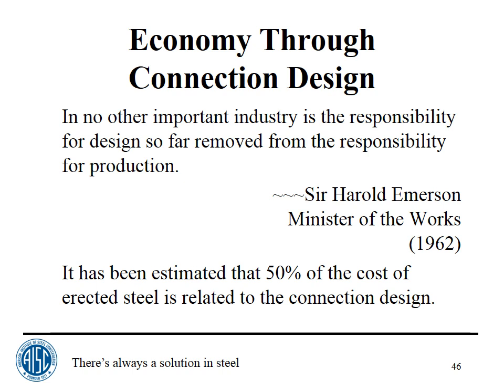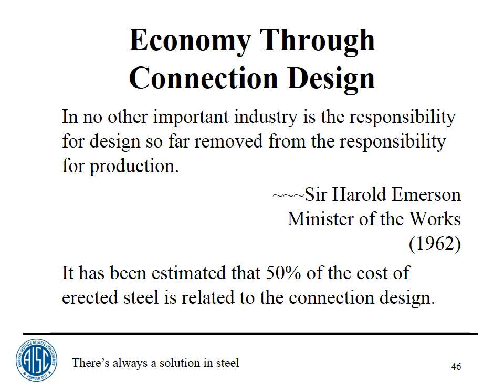It's been estimated that about 50% of the cost of erected steel is related to connection design. That's not exactly my estimate, but I think it's right. If you think of what it takes to actually do a complex connection, somebody has to design it. There's time involved with that. Somebody has to detail it. There's time involved with that. Somebody has to do drawings, shop drawings, to produce it, to actually make it. It has to be put together.